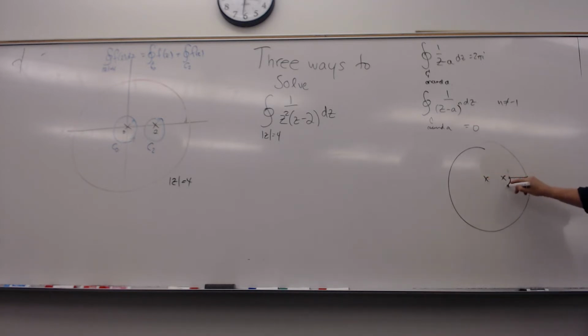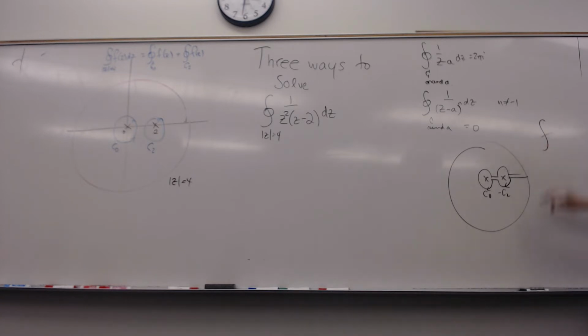You go around this one but backwards, and then you come in and go around this one backwards, and then out. Going around C2 and C0 in the negative direction, these integrals cancel each other out because you're going in and out, and so the Cauchy theorem says that all of this adds up to 0.